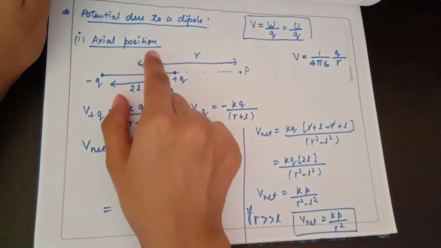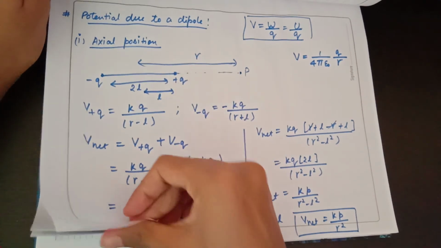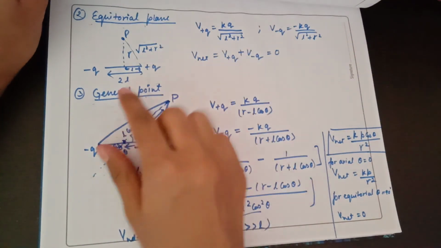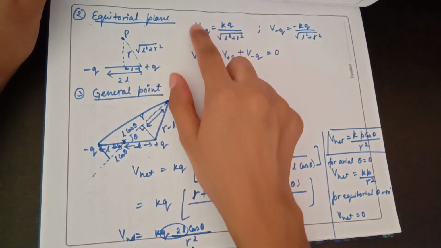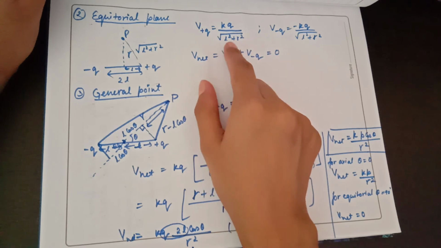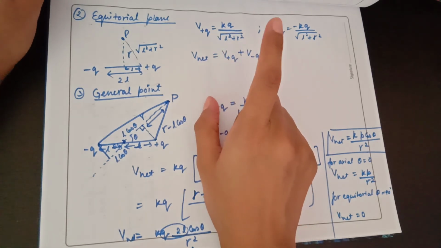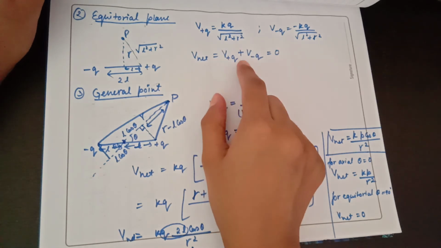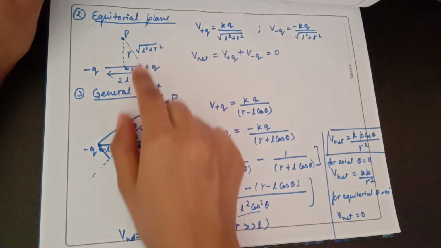So we calculated the net potential at any axial position. Then we calculated the potential at the equatorial plane. As we know the potential is a scalar quantity, so we don't need the direction of this potential, so we just do an algebraic sum and it comes out to be 0 for the equatorial plane.